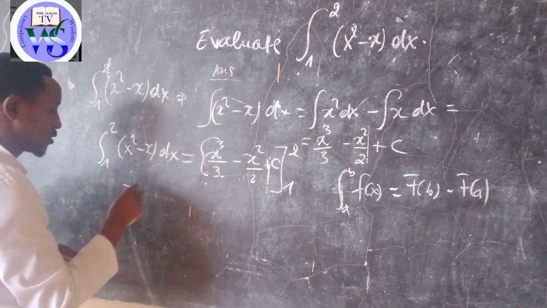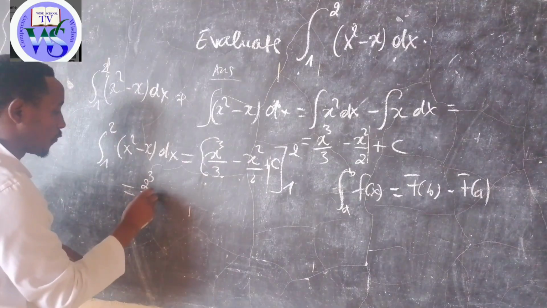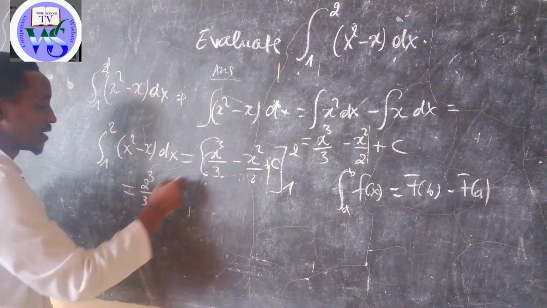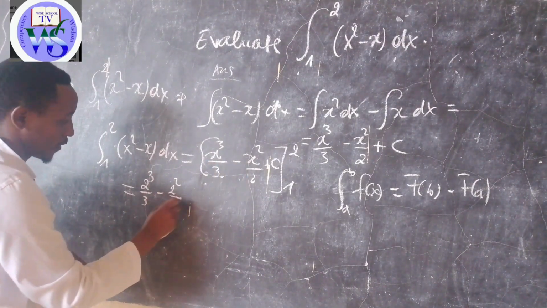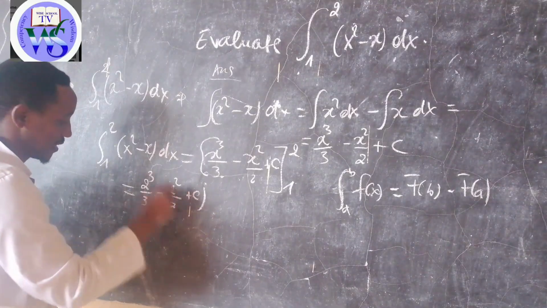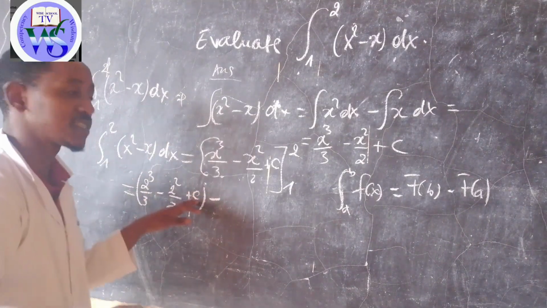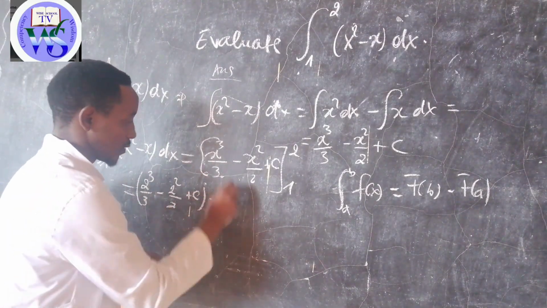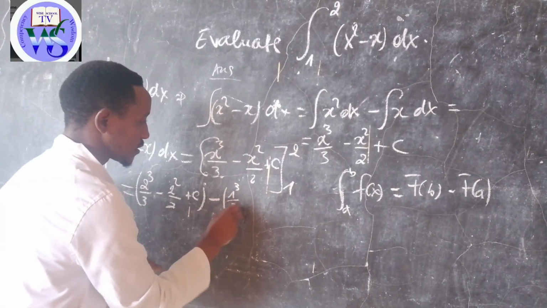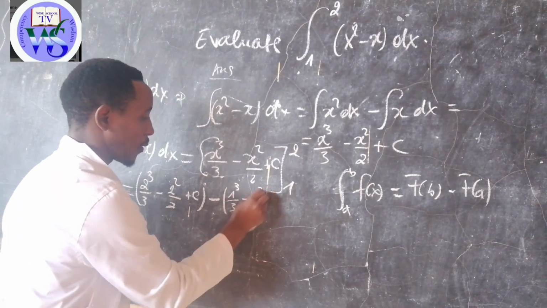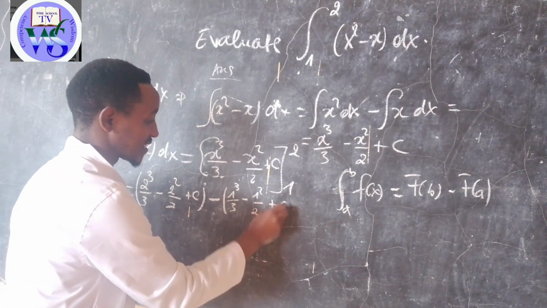we replace x with 2 and get 2 power 3 over 3 minus 2 power 2 over 2 plus c, minus, this is a constant, 1 power 3 over 3 minus 1 power 2 over 2 plus c.